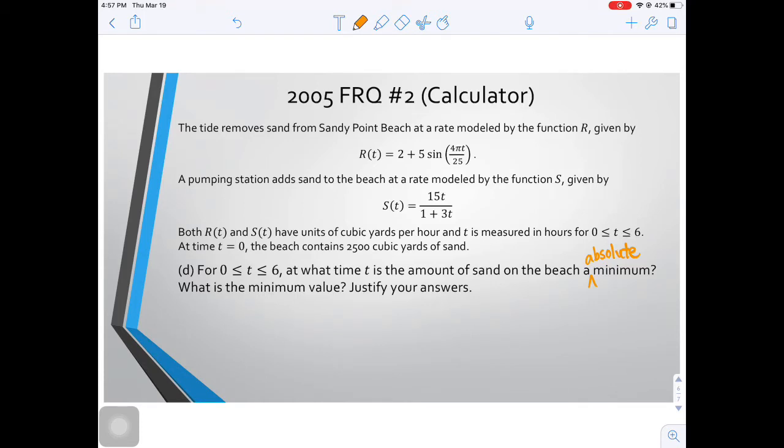But we would take the critical values as well as the two endpoints of the interval, and we'd plug them back into the original f of x function to see the highest and lowest value. And we're kind of going to use that approach here, but because we don't actually have our original function as just a normal equation, the process is a little different. So, if you think about it, we started by taking the derivative. Our derivative is y prime.